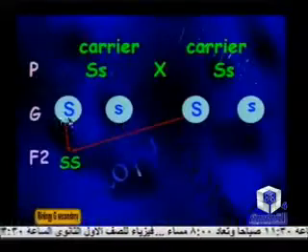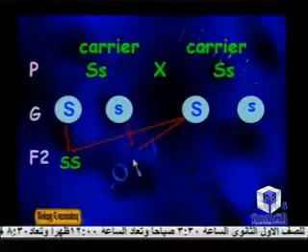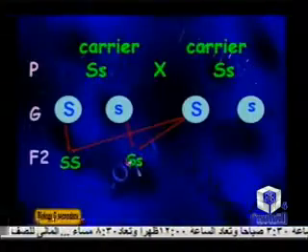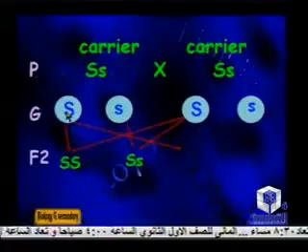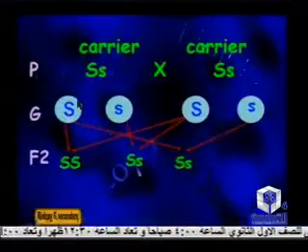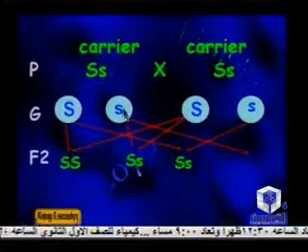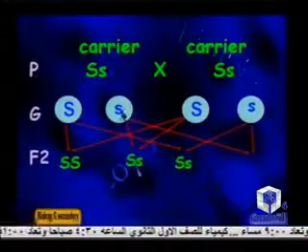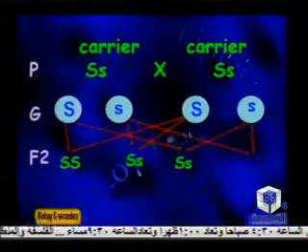Then S capital s small appears, and this is a carrier for sickle cell disease. Another one, S capital s small, is also a carrier. The last one will die because it contains two recessive characters, s small s small.